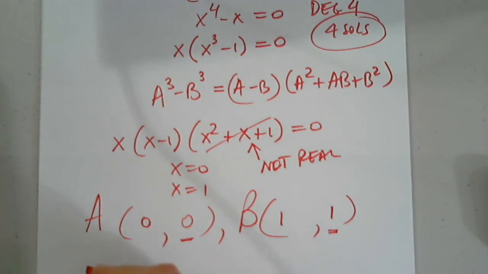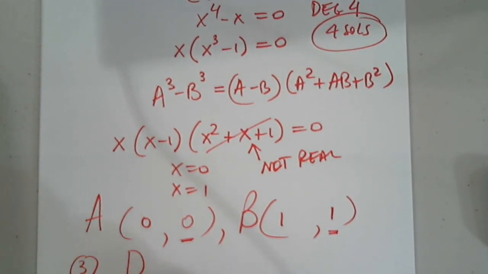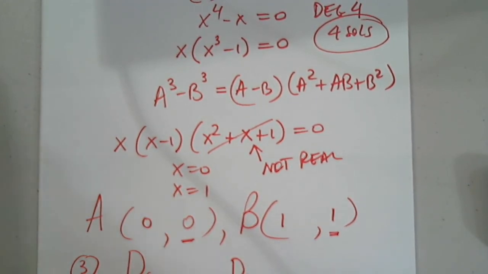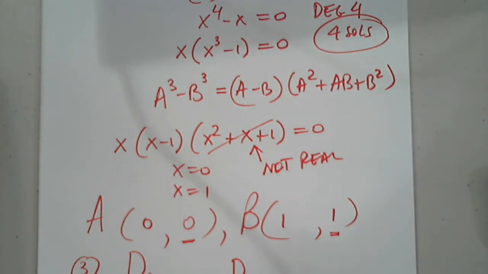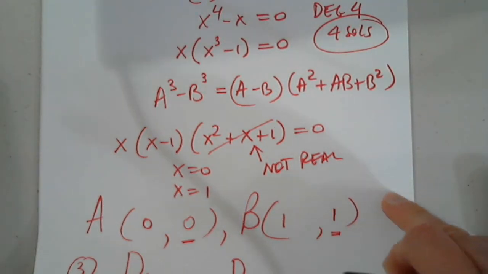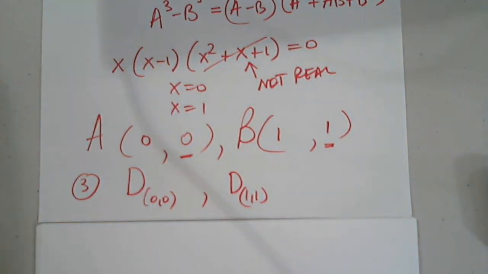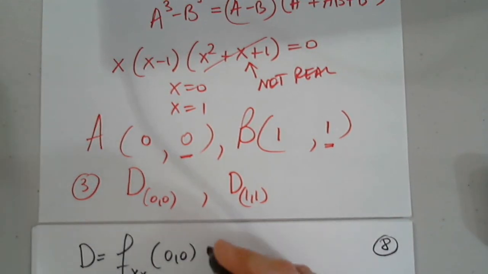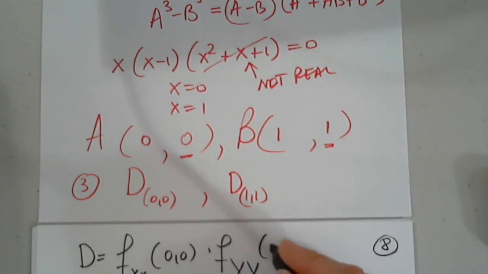Now we have to evaluate in part 3. We have to evaluate D for 0, 0. And then we have to evaluate D for 1, 1. So let's evaluate. Let's write what D equals. So D equals fxx evaluated at 0, 0 times fyy evaluated at 0, 0 minus fxy evaluated at 0, 0 squared.